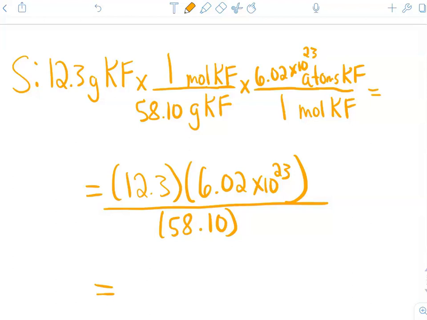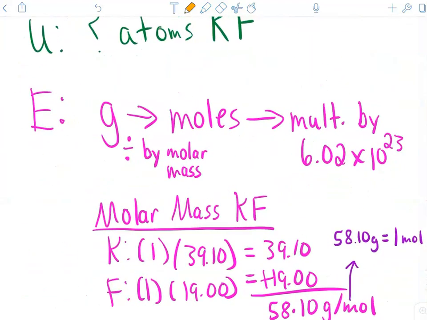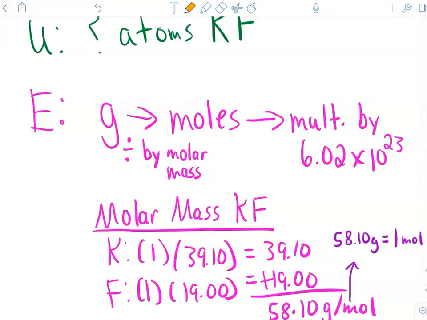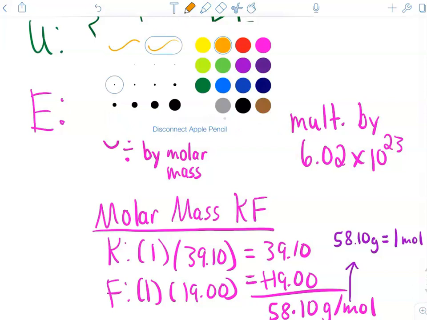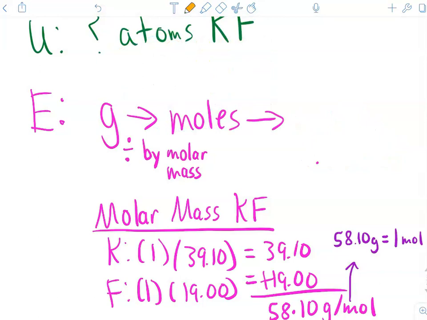And whenever we type this into our calculator, we end up getting 1.27 times 10 raised to the 23rd atoms of KF. Okay. And up here in my path, I wrote multiply by 6.02 times 10 to the 23rd. That is correct, but I'm trying to get to atoms up here. So then we'll multiply by 6.02 times 10 raised to the 23rd.